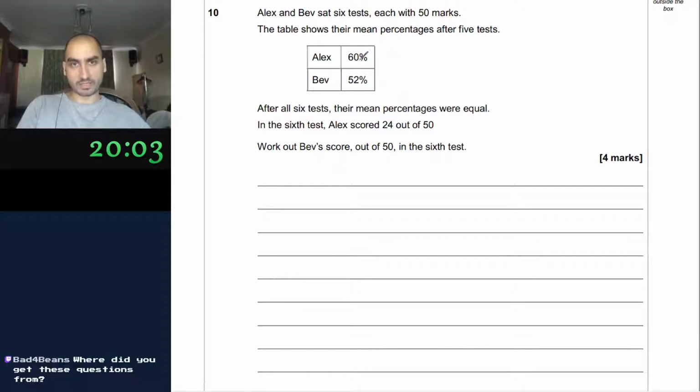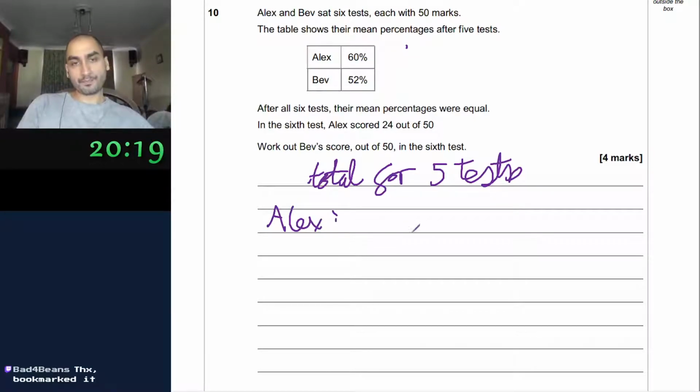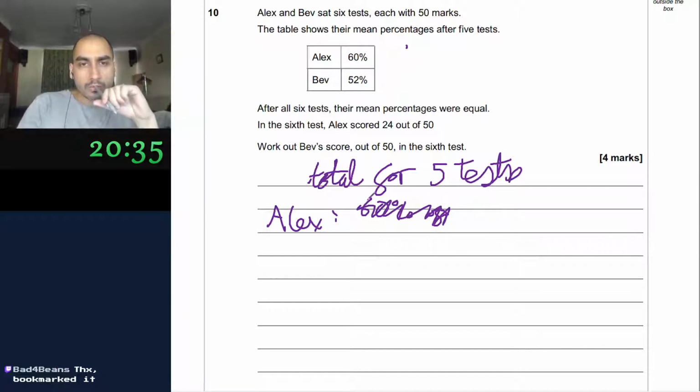So let's work out their total marks for 5 tests. So, percentages, so it's 60% of 250.